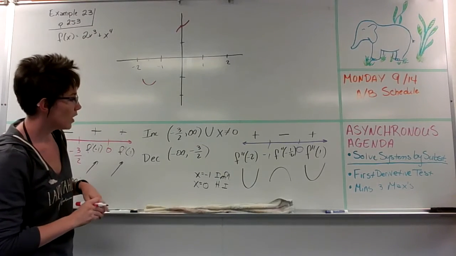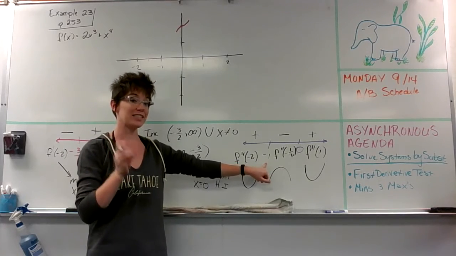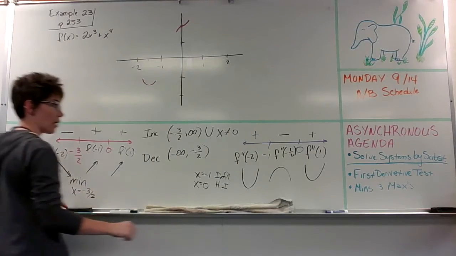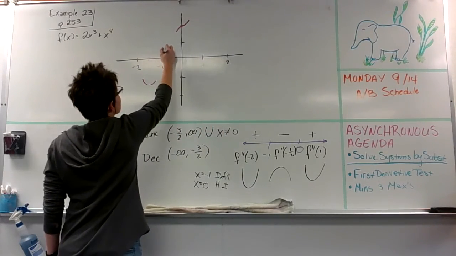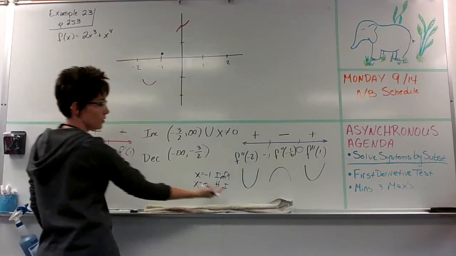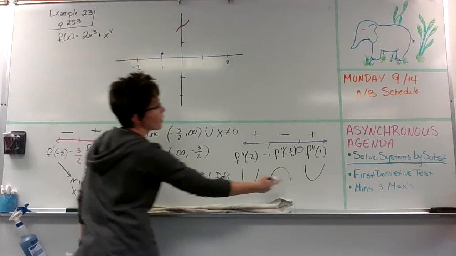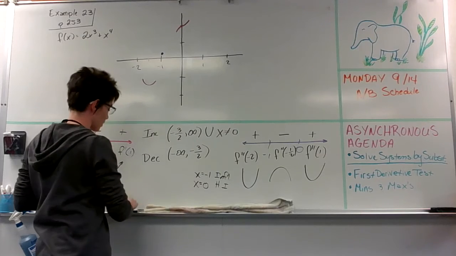Okay. Now the inflection points, I want to make sure one of my inflection points is at -1. So I'm going to grab my purple pen. And at -1, the inflection changes. So I want to go from concave up to being concave down, and then up again after I pass that value 0.